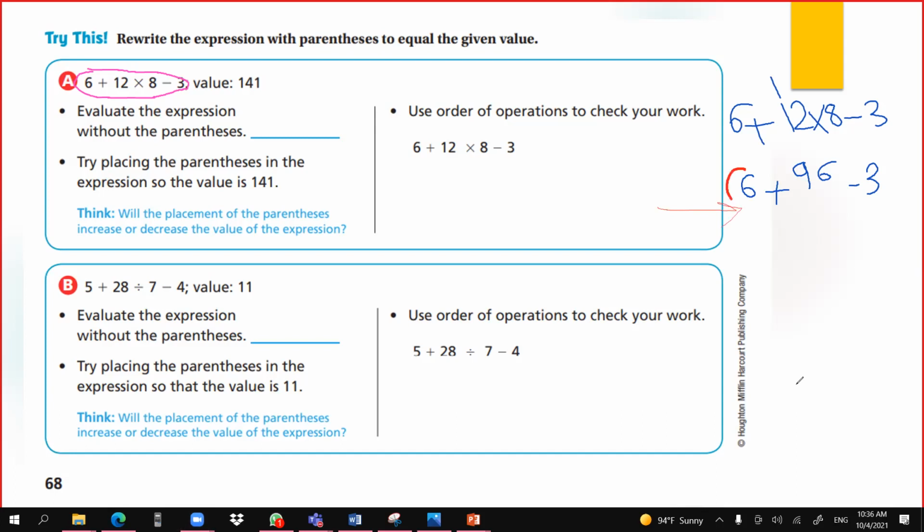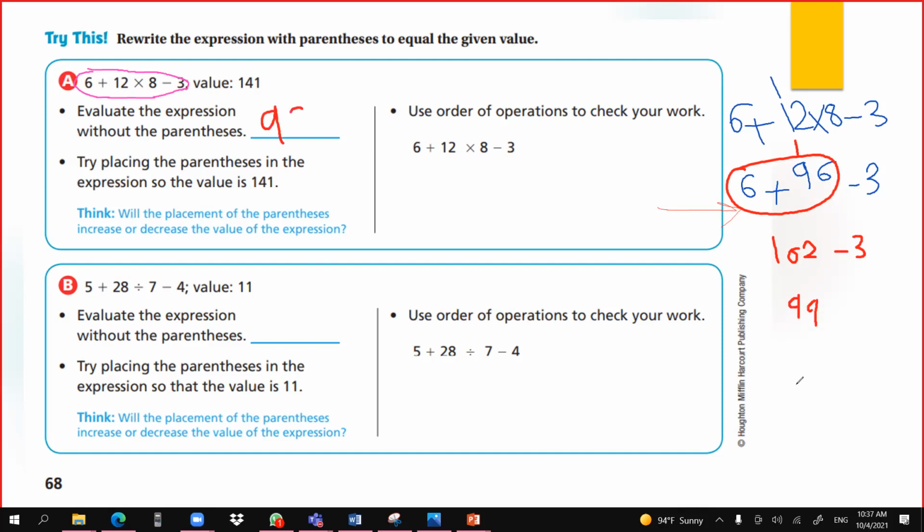So 96 plus 6, 102. 102 minus 3 will be 99.